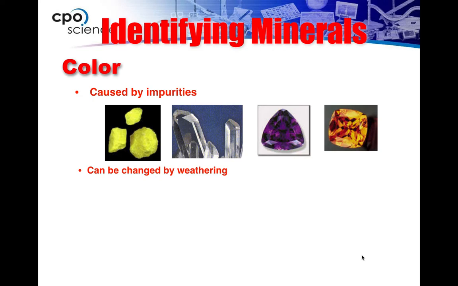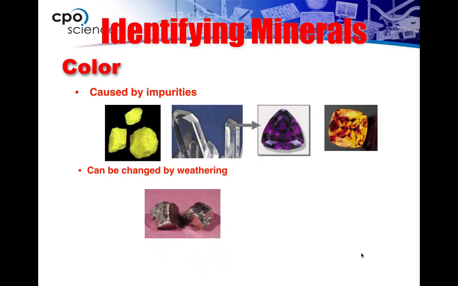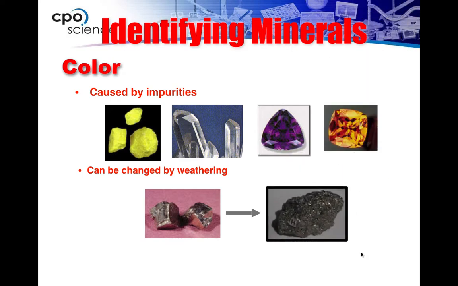The bad thing about using color as an identifier for minerals is that sometimes it can be changed by weathering. When these minerals are outside, they're exposed to oxygen, and they can possibly change color. If it's changing color, that's not helpful for you to use as an identifier. Pyrite, for example, also known as fool's gold, will oxidize when it's outside and turn into a really dark, grayish, silvery brown color, and it's not going to look like the picture on the left-hand side.